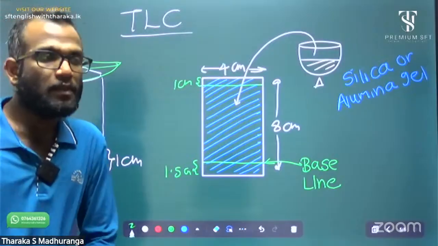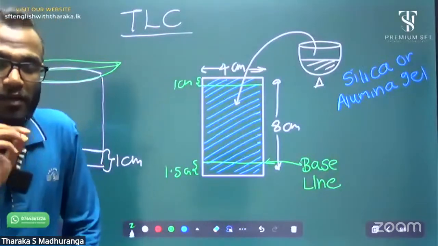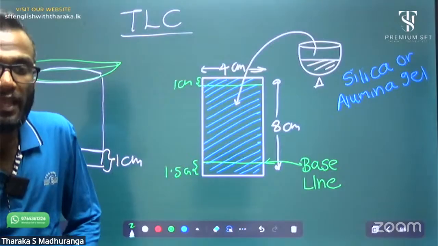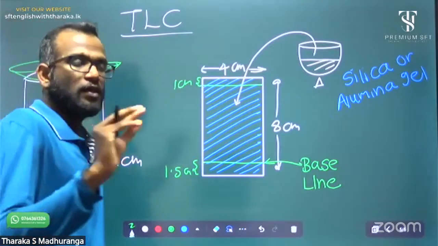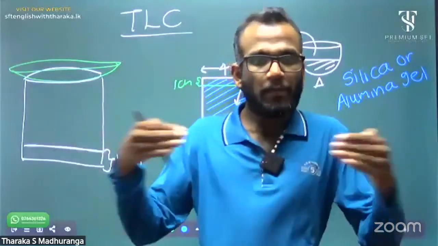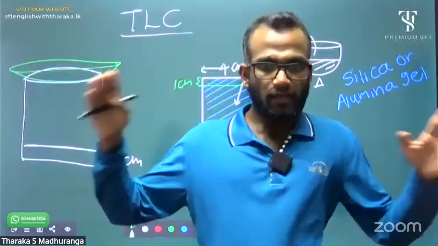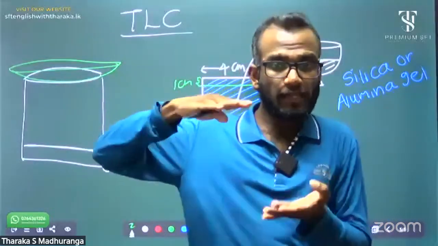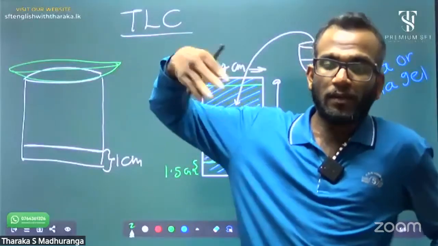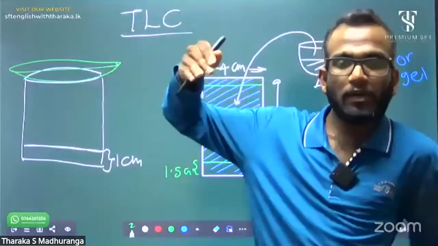Use a sharp pencil, not like paper. When you draw the baseline and solvent front line on the gel layer, you have to be very careful. If the alumina or silica layer is damaged, the compounds will not flow through the gel.